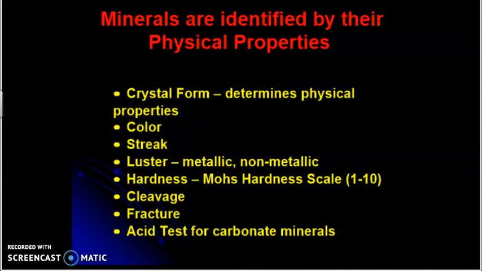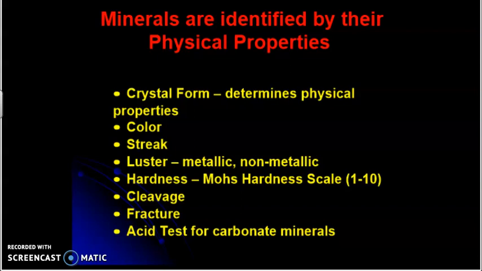We are going to be identifying minerals by their physical properties. Let me say that the crystal form or that crystal structure does determine the physical properties. And the physical properties we are going to be looking at are color, streak, luster. And we have two types of luster, metallic or non-metallic.